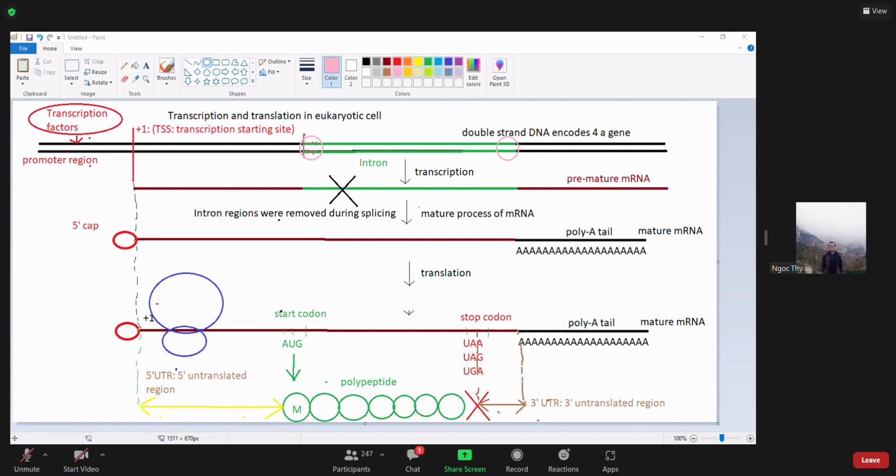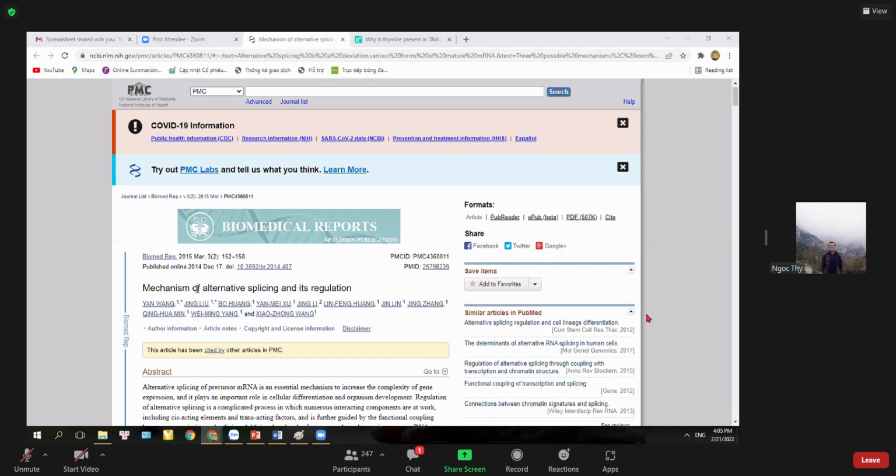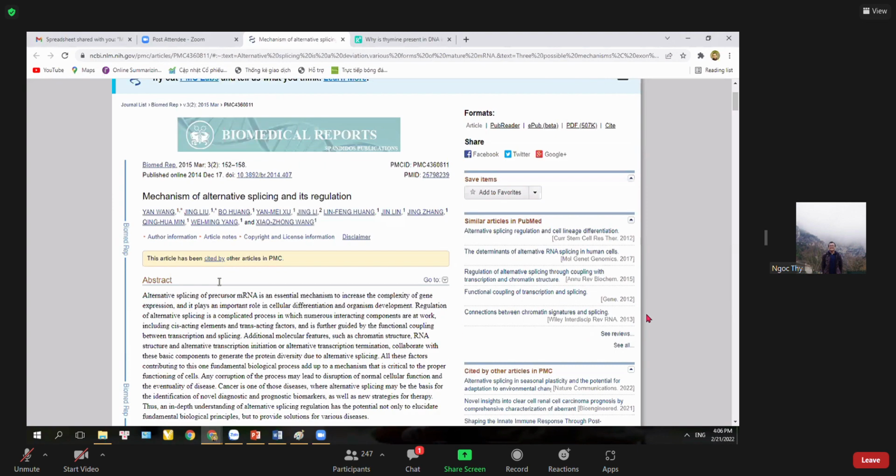So this is a very recent and interesting research published in 2015 in BioMed Report.